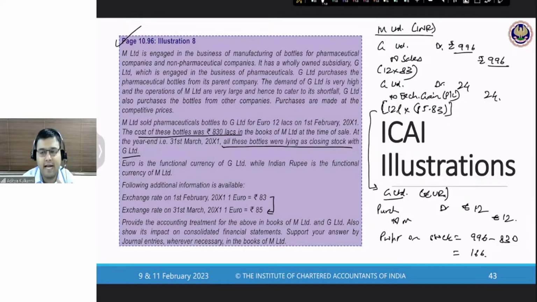So there will be that difference. G Limited's currency is euros, but it is getting a dollar invoice, so that also restatement has to be done. So in both cases you will have a restatement, in both companies. So that is not restricted to one company only. It could happen in both the companies also. Is it okay?